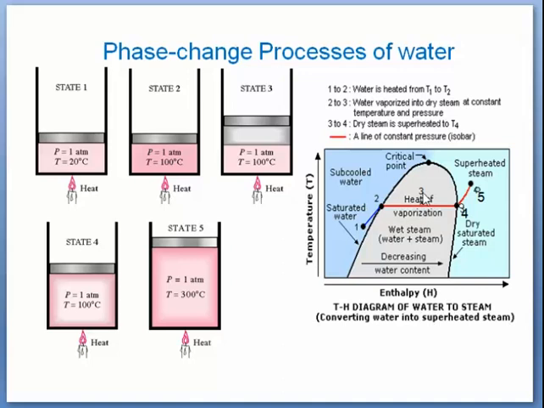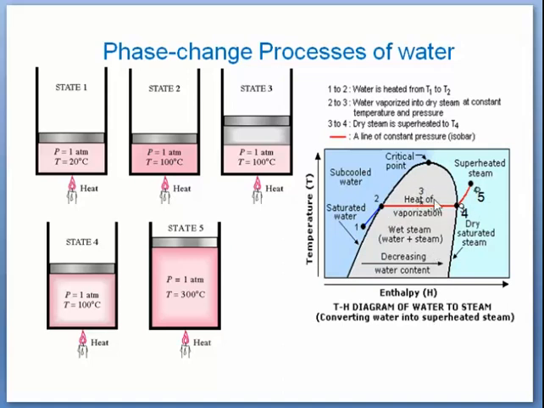So point 3 is some intermediate position where you can see this in between zone. This in between zone is known as wet zone. So this is total liquid, this is saturated liquid line, this is saturated vapor line, this is superheated zone, and in between this zone is known as wet zone.